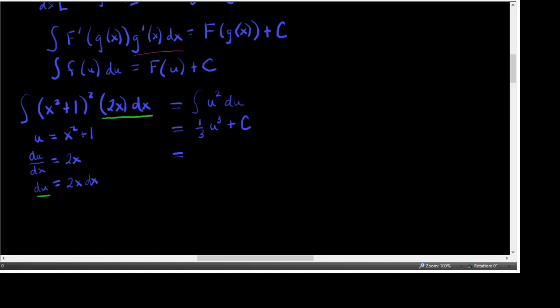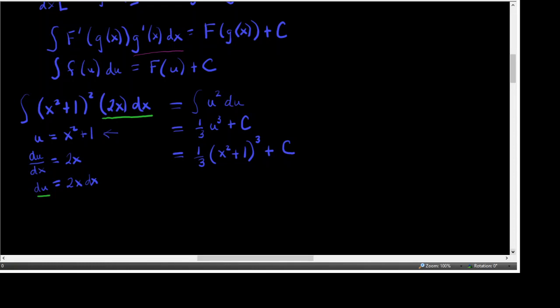Don't forget the constant of integration, by the way. And then you can go back to the original variable by substituting for u with the declaration we made for its value over here, and replacing u with that binomial gives us our antiderivative in terms of x.